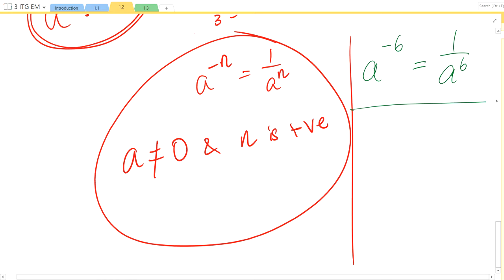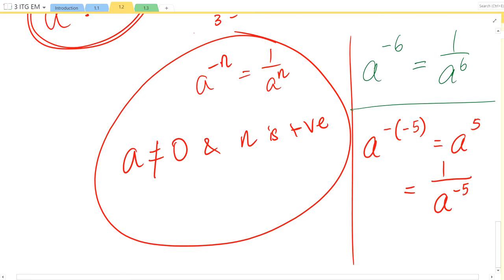What if the value of n is negative? Then I will get something like this: A to the power of negative 5. Now my value of n is negative, so I am going to end up with A to the power of 5. Then what do I expect on the other side? It is going to be 1 over A to the power of negative 5.